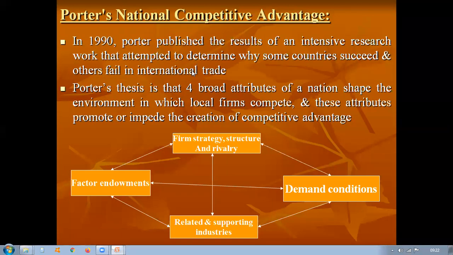For example, take the Japanese. Japanese companies developed camcorders, big screen TVs and VCRs better than the international companies and exported them to the European and North American countries after meeting the domestic demand.